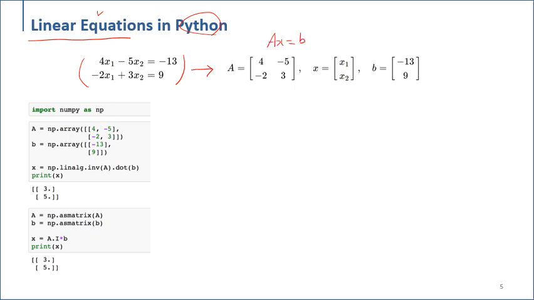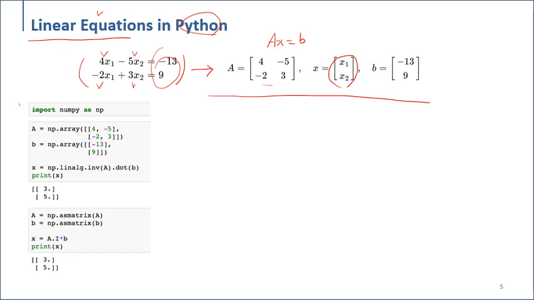Here the A matrix is 4, -5, -2, 3, the x matrix is the x1, x2 variables, and the b matrix is -13 and 9. Let's implement these matrices in Python code.